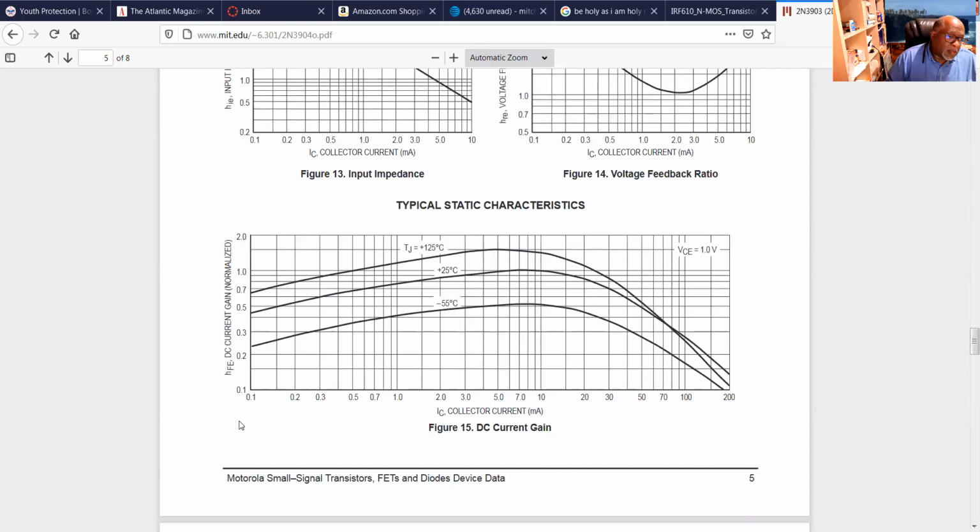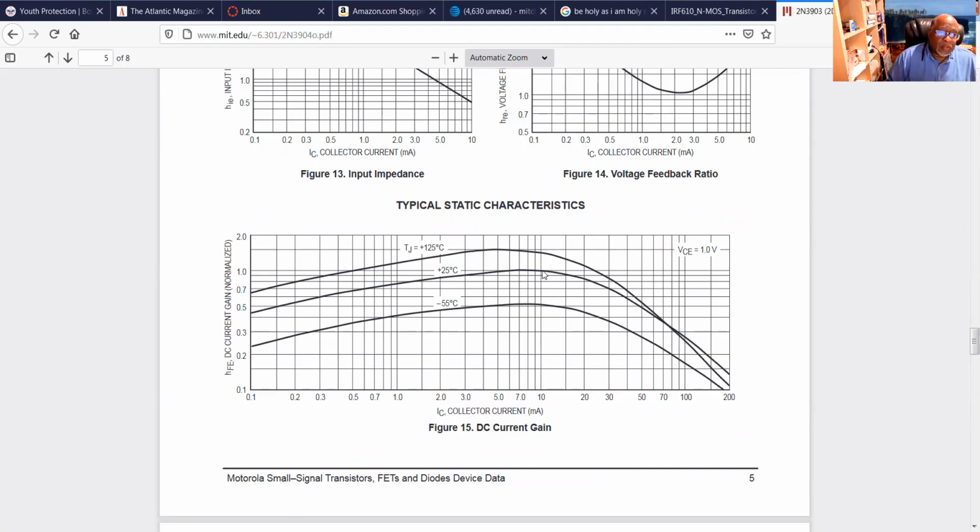And yeah, here we go. hFE, or your DC current gain, as a function of current. You'll see here at about 10 milliamps for your collector current. Your current gain is also a function of temperature. So here's room temperature at 10 milliamps.